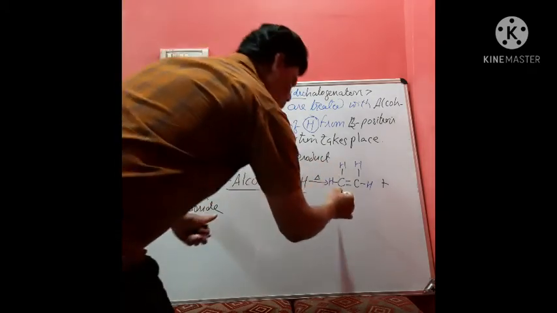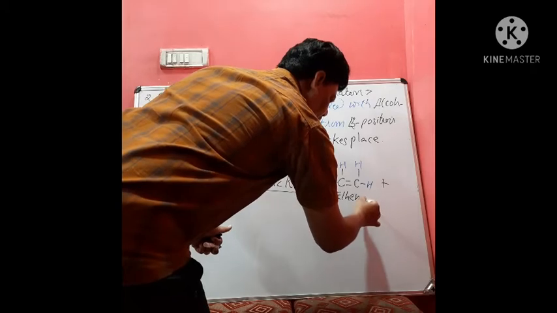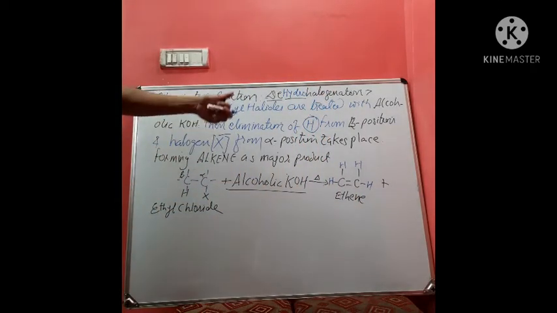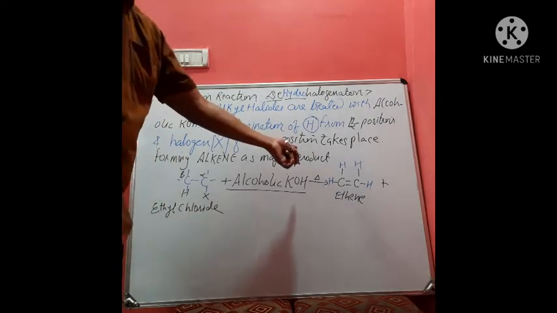Now the main product obtained is ethene, or if you convert it to any other alkene, then it will be called alkene. So the alkene will be the main product. As you increase the carbon chain, we obtain the corresponding alkene.